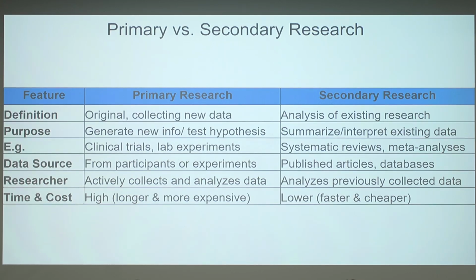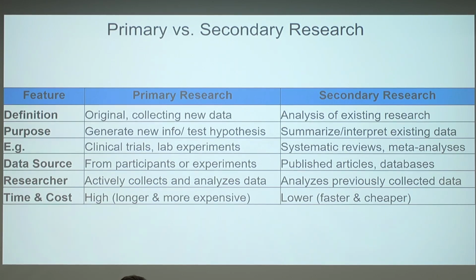Secondary research, which is what you will be doing for your PICO projects, and then in practice you'll be doing it as well, is you're taking data that has already been published, sometimes not published, sometimes data found in databases, and you're doing some type of secondary analyses of that data to answer related or sometimes even different questions.